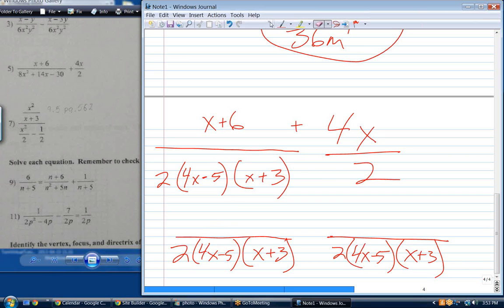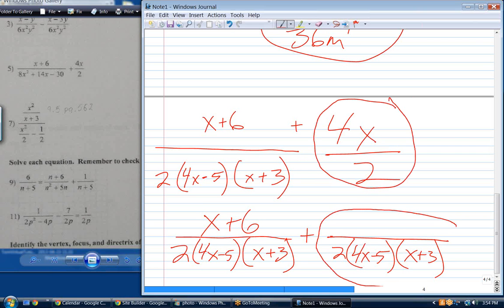Okay, so on the left side, what's in the numerator? Is it x plus 6? Okay, and on the right side, what did I have to do? How did I turn this into this? I just multiplied it by 4x minus 5 and x plus 3.